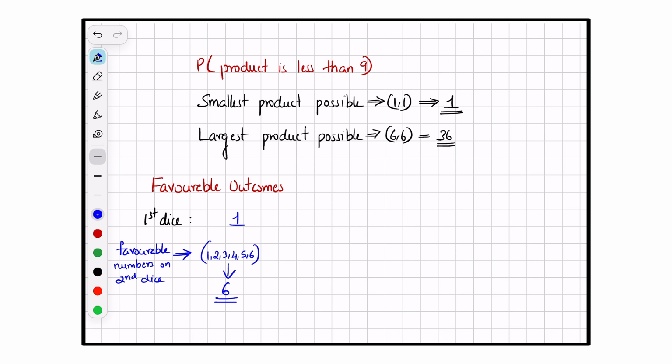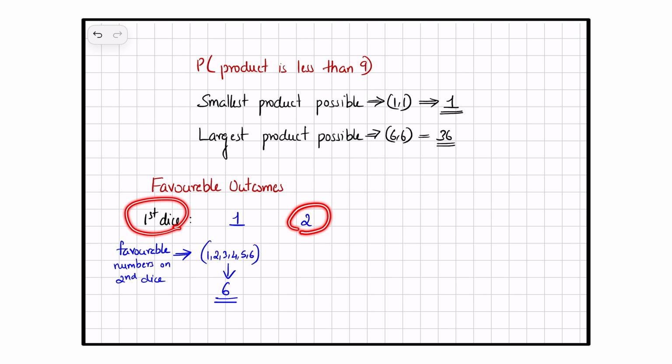Now let's go to the second. That means I get number 2 on the first dice. Now I will see what are the possible numbers that I can get on the second dice in such a way that the product will be less than 9.